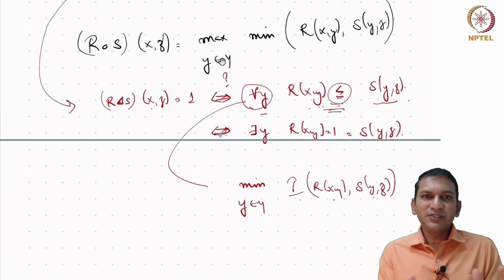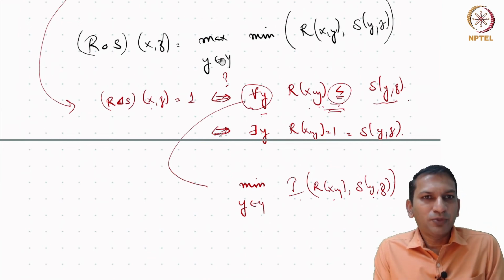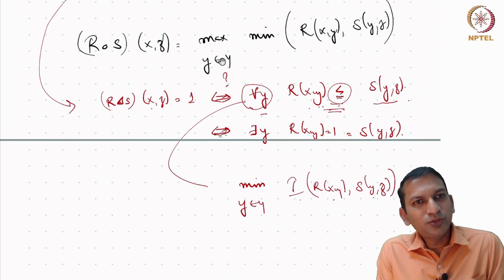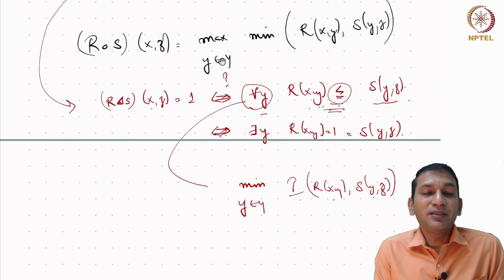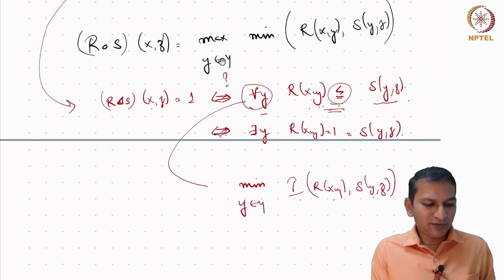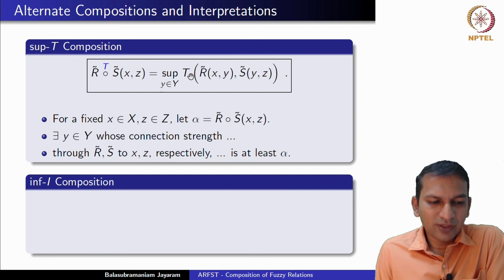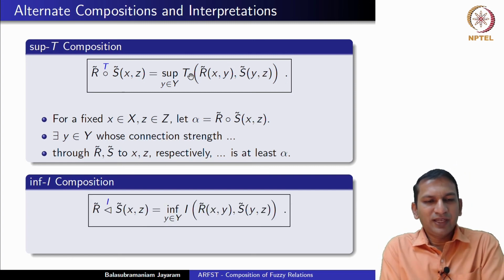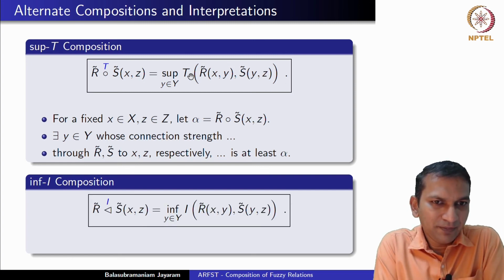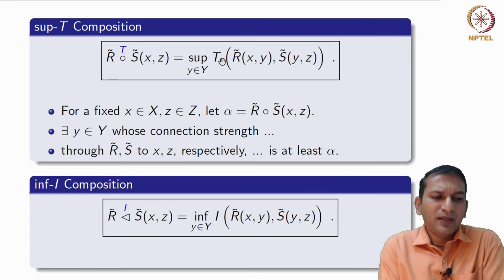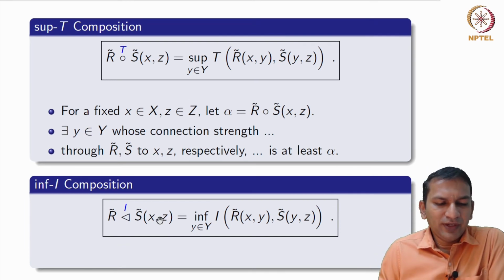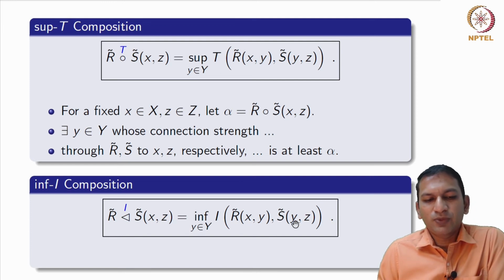So now this gives us another way of looking at composition, an interpretation, and through the interpretation we are getting another composition operation itself. This is called the Inf-I composition. I stands for implication, of course. It is given like this, and we will use this symbol, the left triangle symbol, which is defined like this: infimum over y, I of r of xy, s of yz.